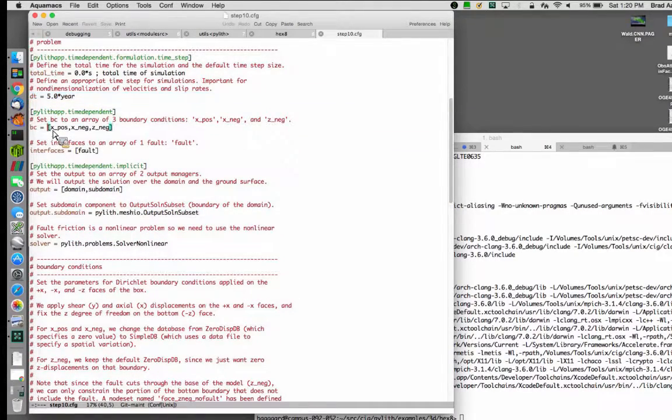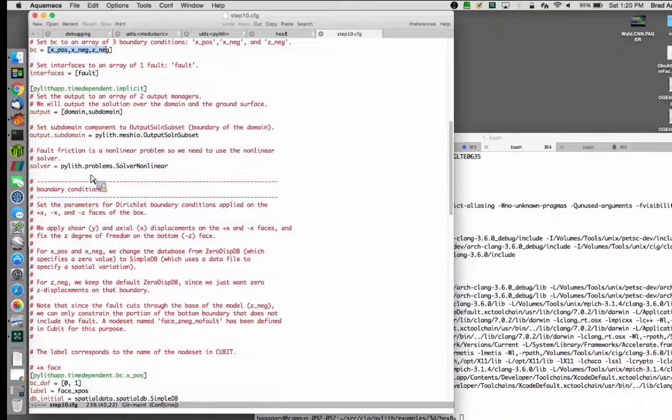Boundary conditions I'm going to do on x positive, x negative, and the bottom. So these are mostly 3D hex8, we're putting displacement boundary conditions on the two x normal faces, and then roller boundary conditions on the bottom. We have one fault.